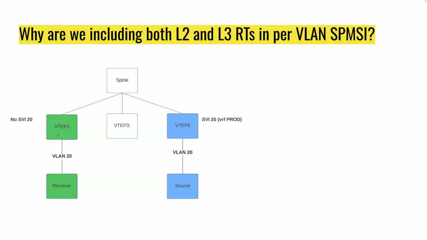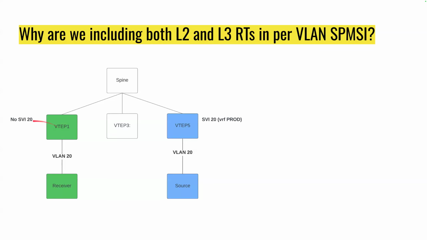right? So the moment it comes online, it would generate an SMET and try to join the existing underlay groups, which are advertised by SPMSI routes. So now let's say this VTEP 5 just advertises the SPMSI with L3 route targets.